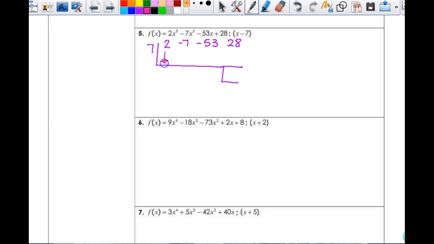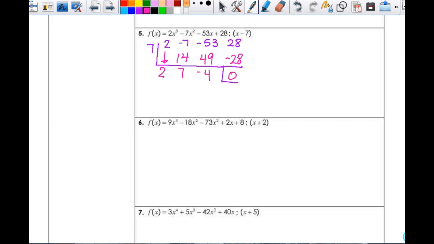So I bring down my 2, and then I get 7 times 2 is 14, gives me 7. 7 and 7 is 49. So I get negative 4, right? 7 and negative 4 is negative 28, and I get 0, which should be no big shock. I expect to get 0, and I needed to do this to get 0.